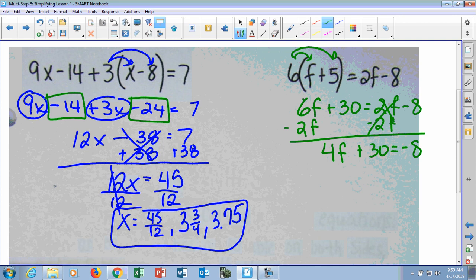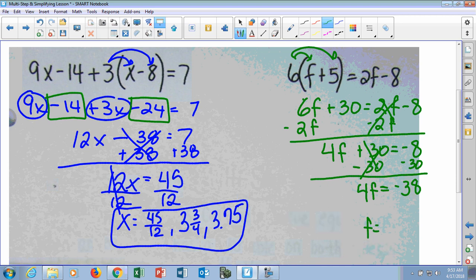All right. So what can I do now? Subtract. Yep, I've got to subtract 30 over here. So when I do that, that goes away. So on the left side, I'm left with 4f. On the right side, what's negative 8 minus 30? Negative 38. All right, so now I've got to get f all by itself. And how can I do that?